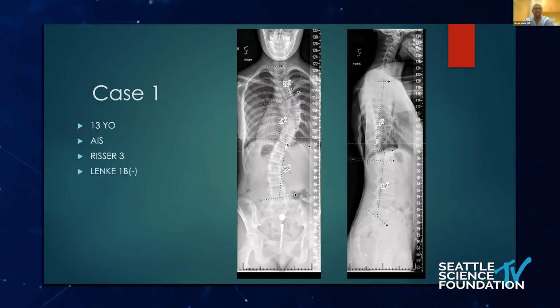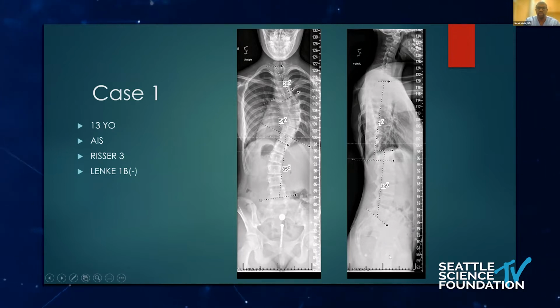This is a 13-year-old with adolescent idiopathic scoliosis. She's RISR 3 and presents with a Lenke 1B minus. She has significant thoracic hypokyphosis, as you can see here on the right. And as we often see in hypokyphotic scoliosis, there's cervical kyphosis, which is her attempt to bring the center of gravity of her head roughly over her hip center.